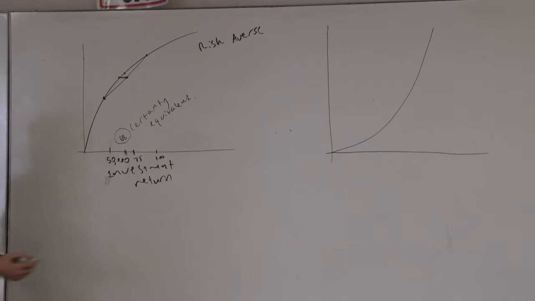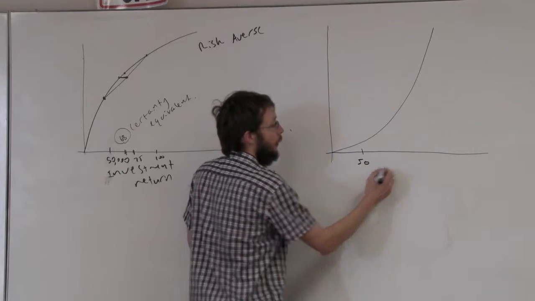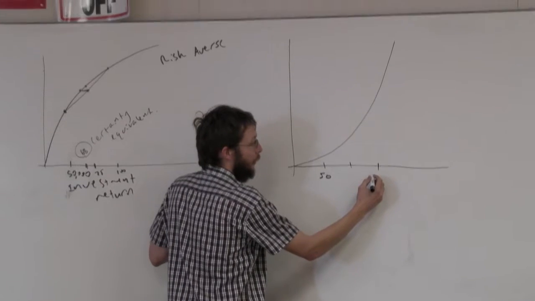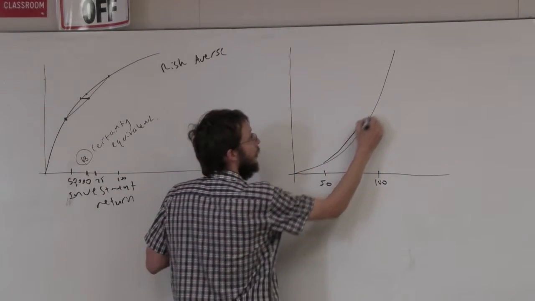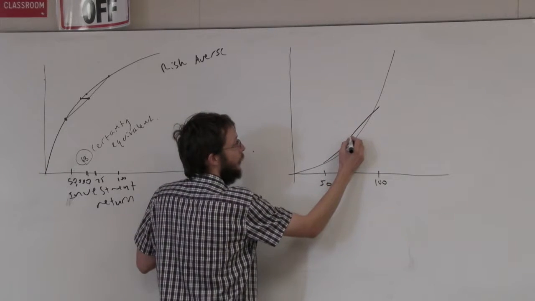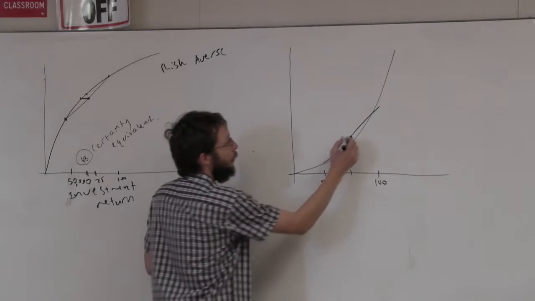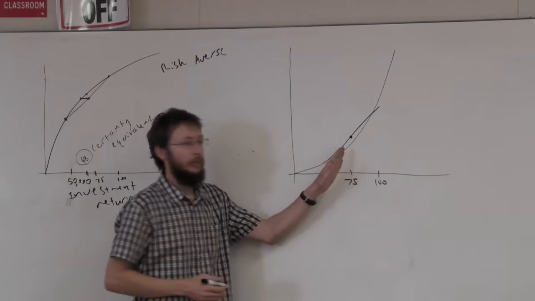And this is someone who gets excited by risk, where some years his investments are going to return 50,000, other years they're going to return 100,000. And from a risk-neutral perspective, a risk-neutral investor would be fine making 75,000 on average.